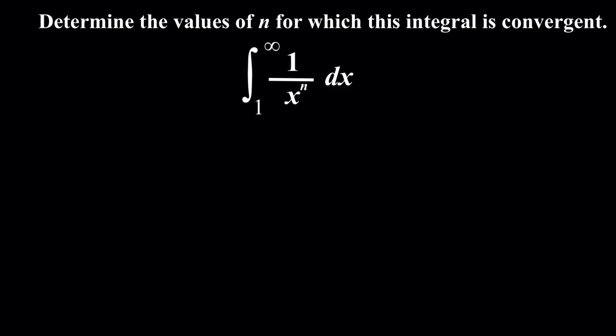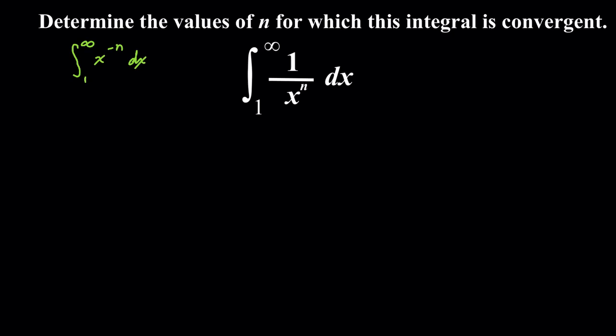Let's work this out. All right, so we're going to rewrite this as the integral from 1 to infinity of x to the negative n dx, where n is a constant, not a variable. So we will need to evaluate this.